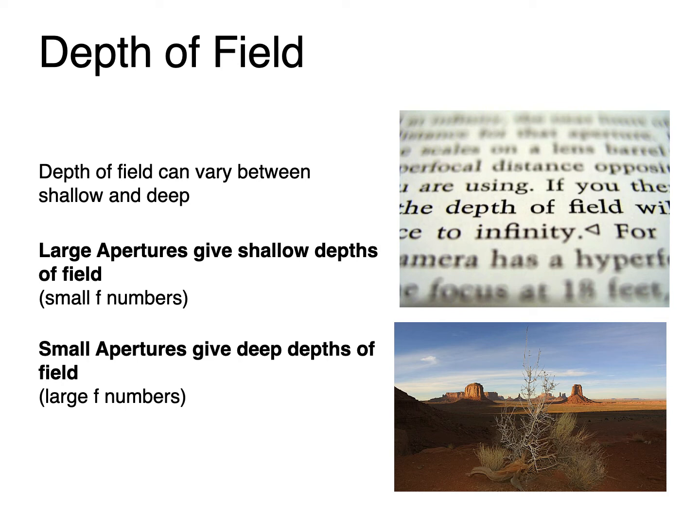Small apertures, the large numbers, give deep depth of field, because the amount of light falling onto the light sensitive medium is less, and it is very narrow and focused. So it's a deep depth of field.